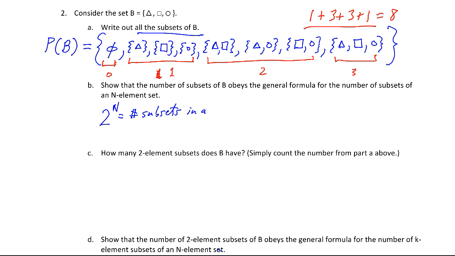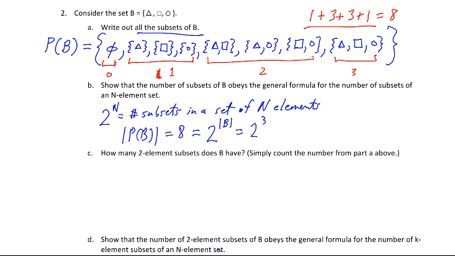And so in our case, the size of P of B is 8, which is in fact equal to 2 raised to the 3rd power, where 3 is the size of the set B. And so it does satisfy the general formula, and so it works.